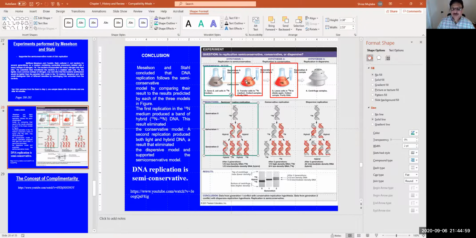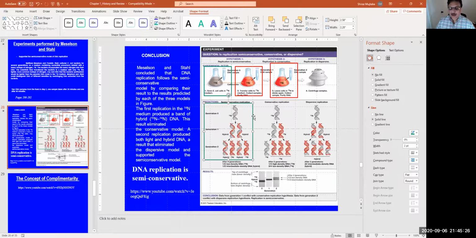In generation 1, when it is switched to N14, the DNA will be a hybrid, 50% N14 and 50% N15. Then in the second generation, you will get 4 copies, 50% hybrid and 50% 100% N14.